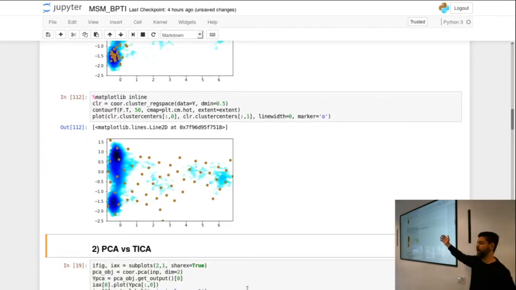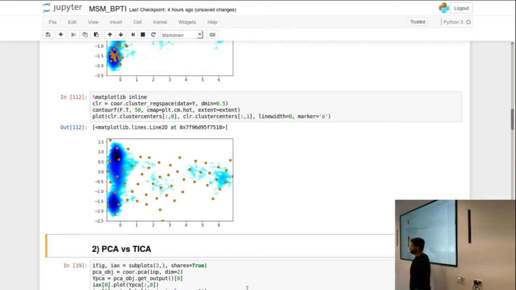Now my blue points don't really represent the shape of my data. They don't care that there's much more density here than here. One could say that this is not a very good clustering method, because you are devoting the same amount of attention to the places where you have a lot of data as to the places where you have less data.